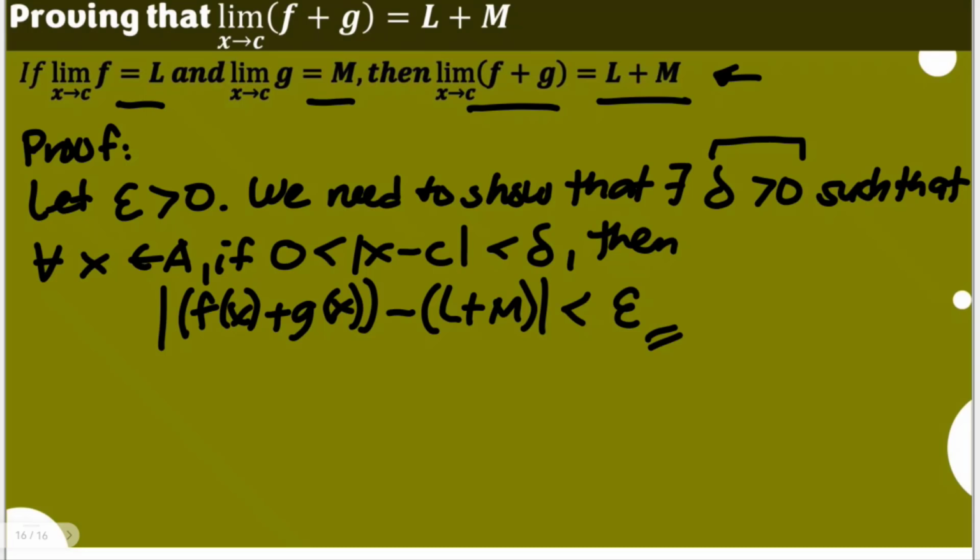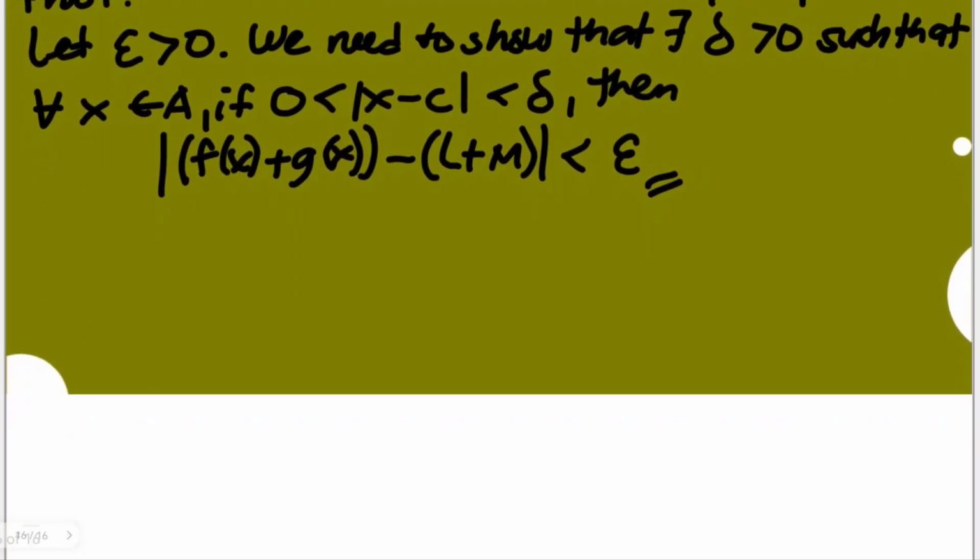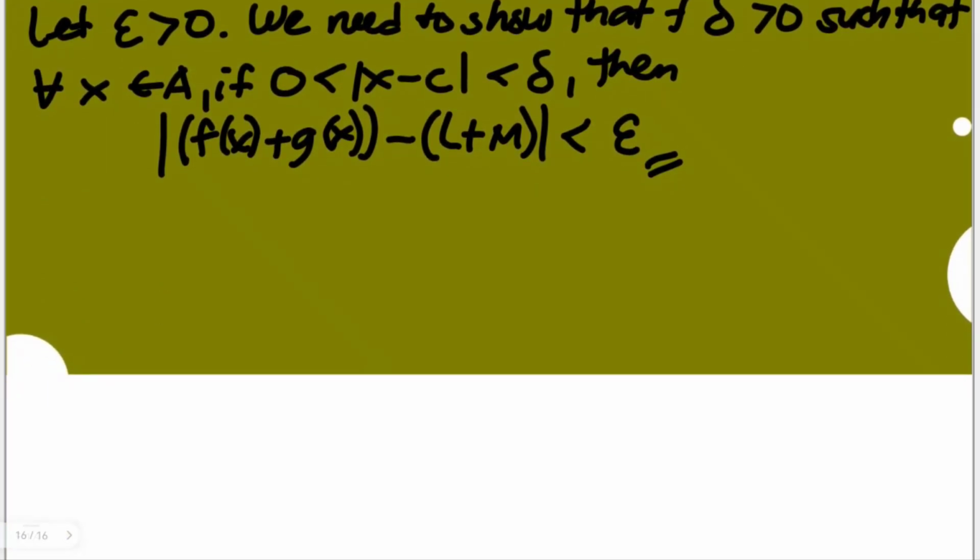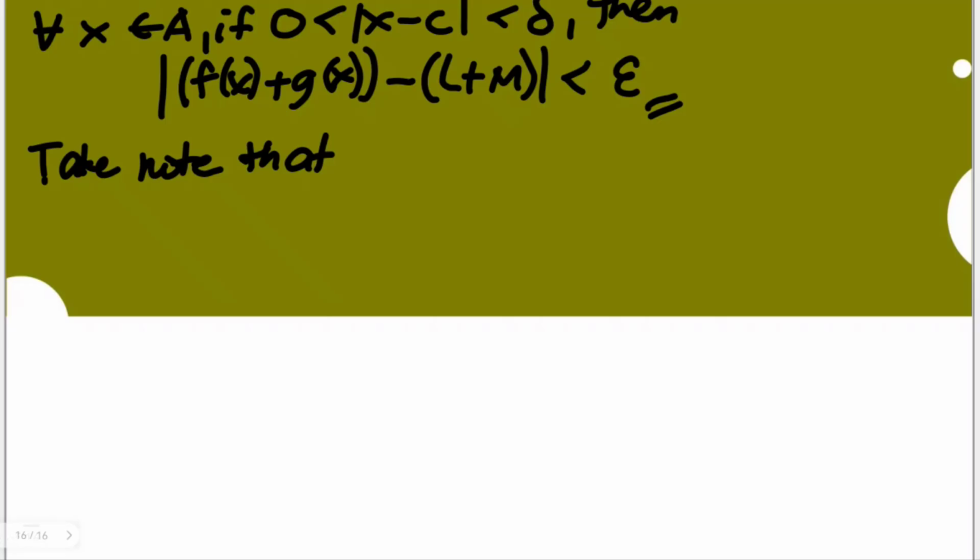Now, before we proceed into that, there is an important portion of the proof that will guide us later on. I would like to add it here. Take note that the scratch work I'm telling you about is just a simplified form of this expression. It will guide us later on for whatever target we would like for our delta and our epsilon.